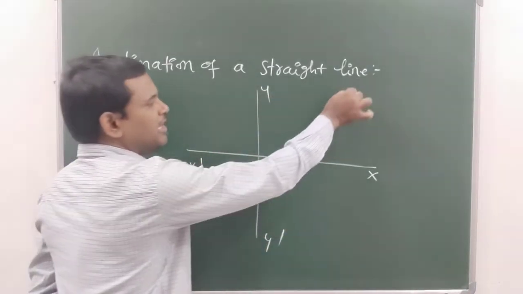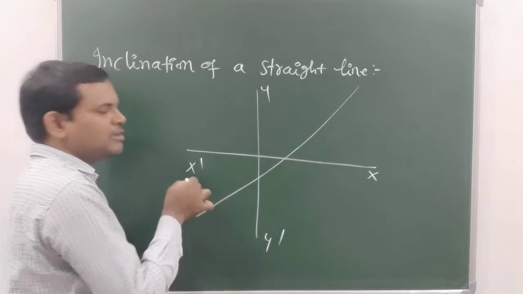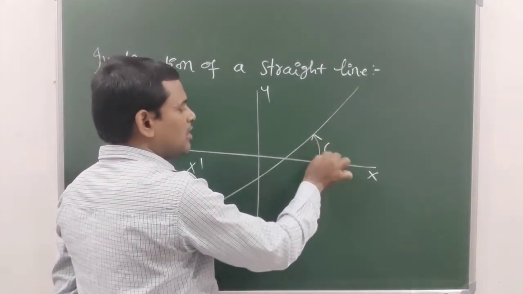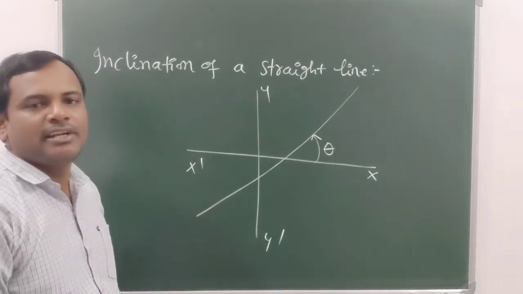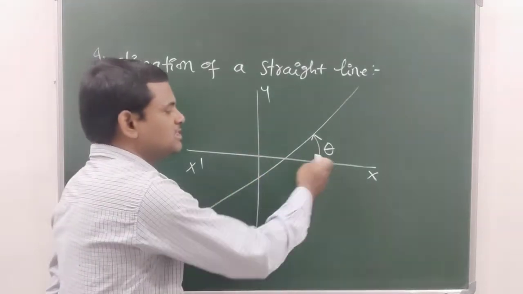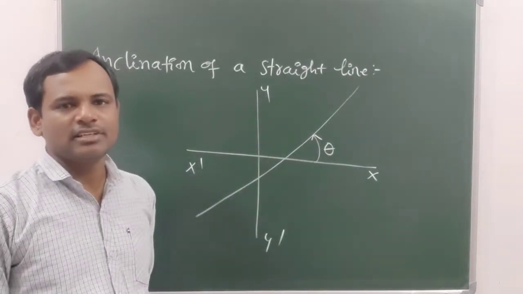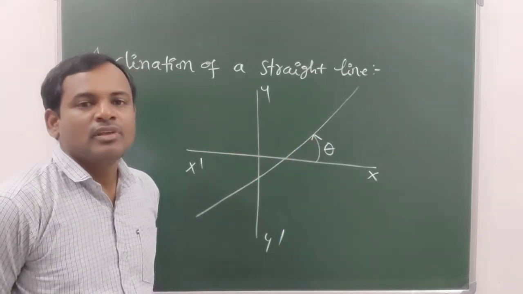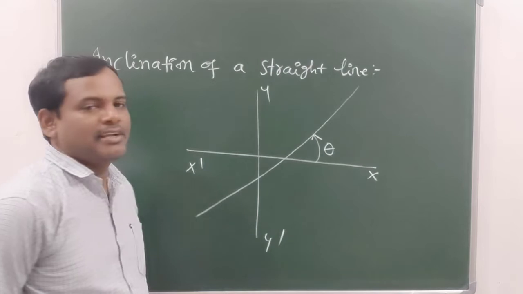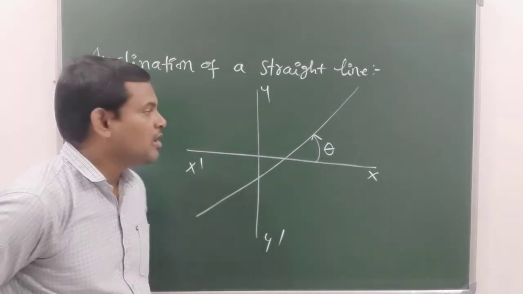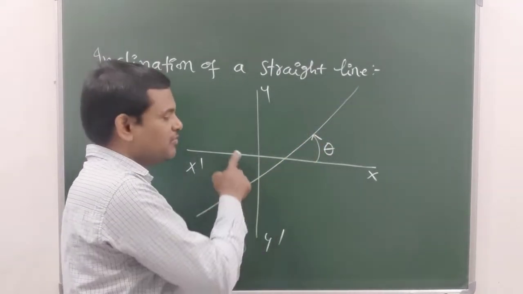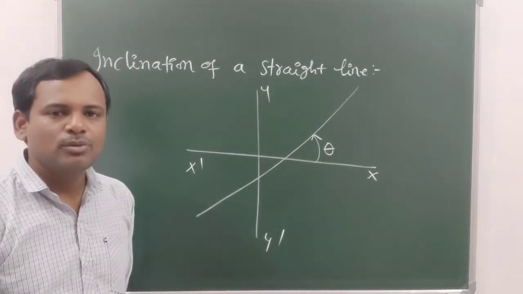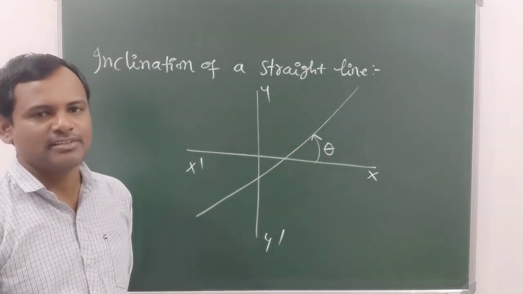See, consider a line like this. Now this line is making an angle theta with the x-axis in an anti-clockwise direction. That is known as the inclination of the straight line. The angle made by this line with the x-axis in an anti-clockwise direction is known as inclination.